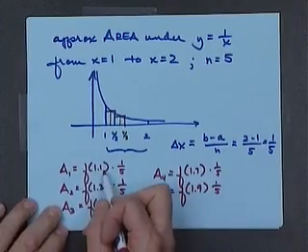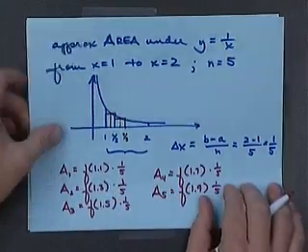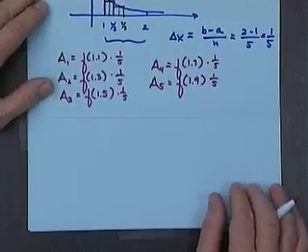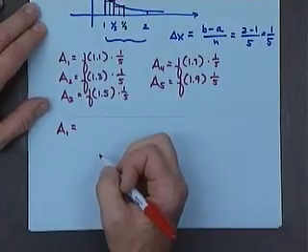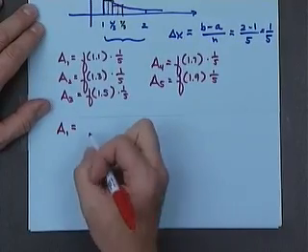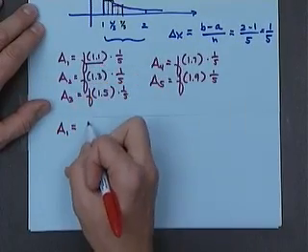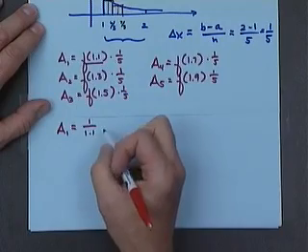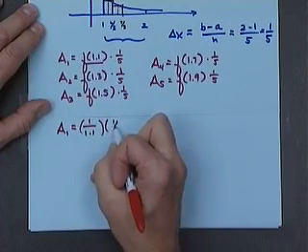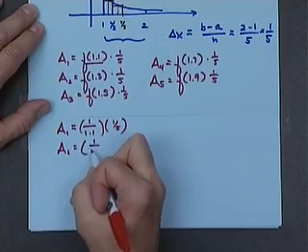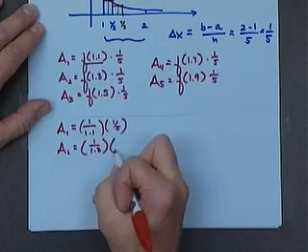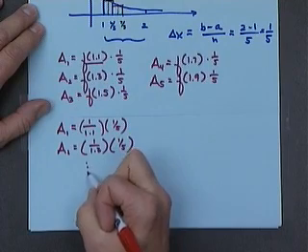Now, the f of 1.1, I don't know that we need to go through all the arithmetic, but let's make sure we know what the f of 1.1 is. What is our f of x? It's 1 over x, so the f of 1.1 is 1 over 1.1. One over 1.3, and so on, right?